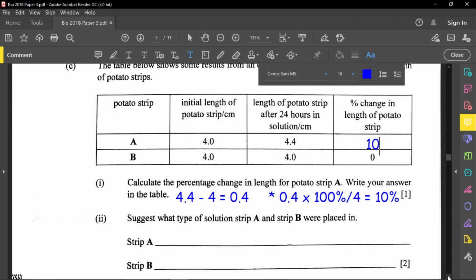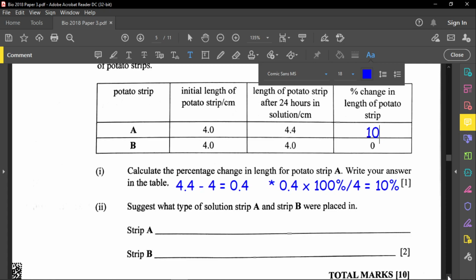It says suggest what type of solution strip A and strip B were placed in. So by looking at strip A, there is an increase in length. And please, when you do an exam and they ask you to describe it, I know some people will say the potatoes grew. Please do not say it grew. There's no growth taking place. It is an increase, an expansion. Remember, growth involves production of new cells.